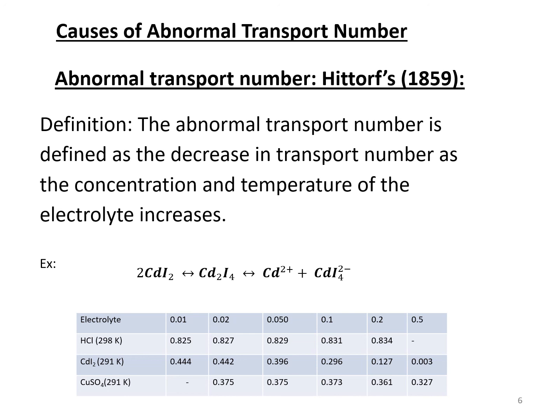But in the case of cadmium iodide, you observe in the chart that the transport number gradually decreases, and at higher concentration it is very low, about 0.003. This abnormal behavior is because, as I explained earlier, at higher concentration cadmium iodide forms a complex anion, CdI4 2 minus, and hence it moves towards the anode.